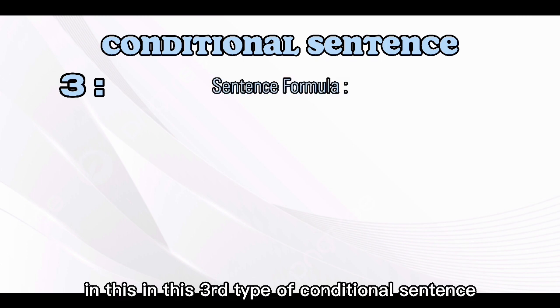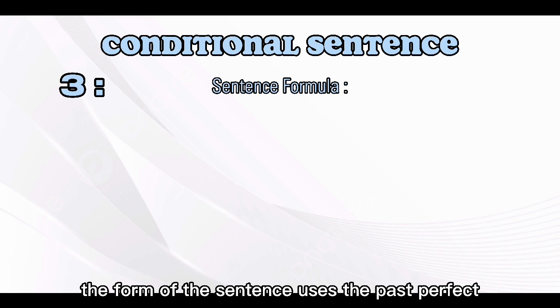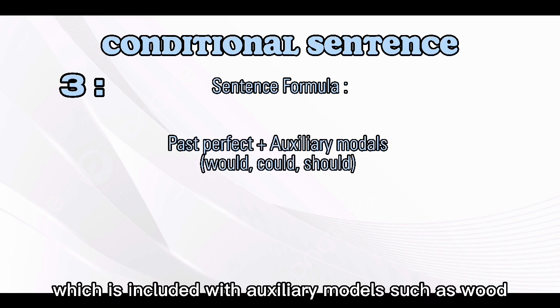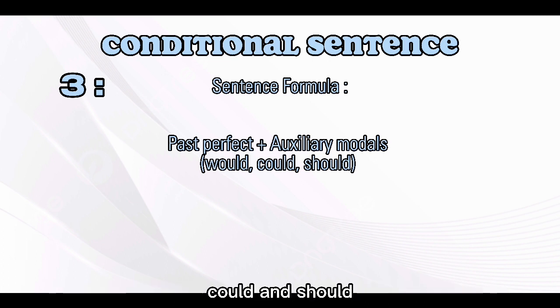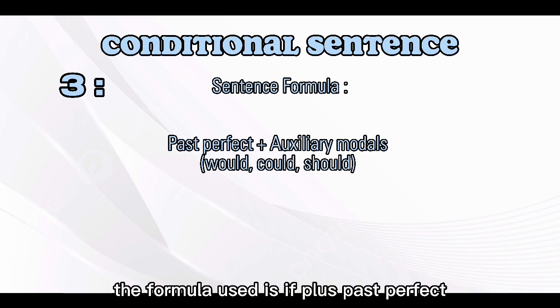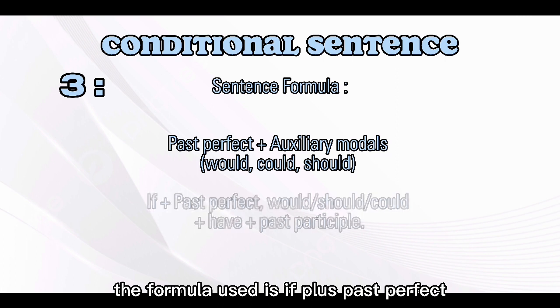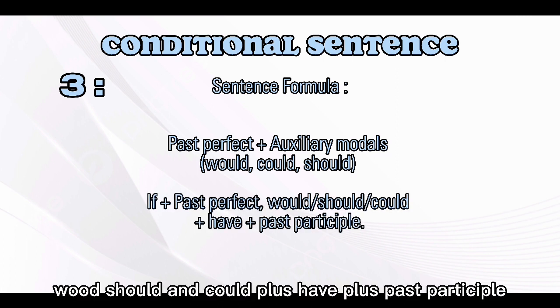In this third type of conditional sentence, the form of the sentence uses the past perfect, equipped with auxiliary modals such as would, could, and should. The formula used is if plus past perfect, would, should, or could, plus have plus past participle.